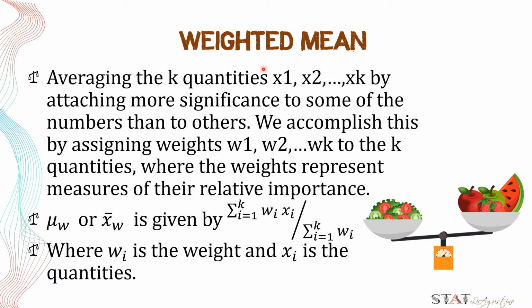So we use this weighted mean. So what is this? Let's define. Averaging the k quantities x1, x2 until xk by attaching more significance to some of the numbers than to others. We accomplish this by assigning weights, w1, w2, until wk, to the k quantities, where the weights represent measures of their relative importance. So mu w, because I'm talking about weighted mean. If there is no w, then I'm talking about the arithmetic mean or the ordinary average.